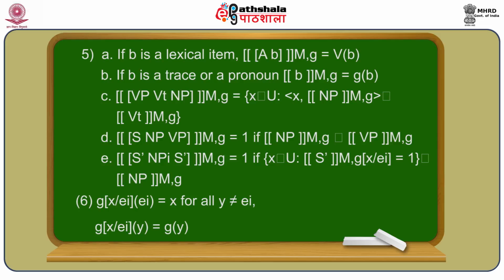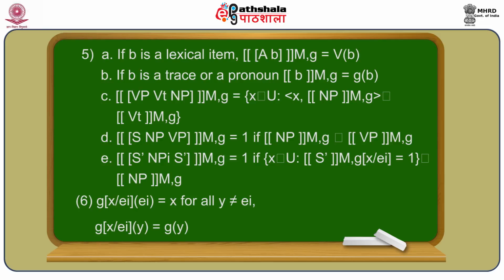A VP that dominates V and NP gets the value: the set of all x's such that the ordered pair consisting of x and the semantic value of the NP with respect to M, g is a member of the transitive verb with respect to M, g. If an S dominates NP-VP, that's 1 if and only if the semantic value of the noun phrase with respect to M, g is a member of the semantic value of the VP with respect to M, g.